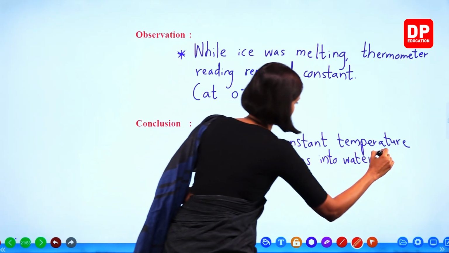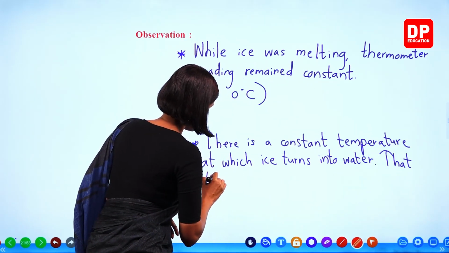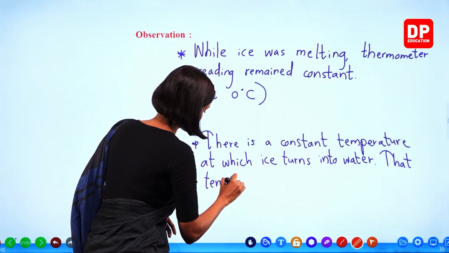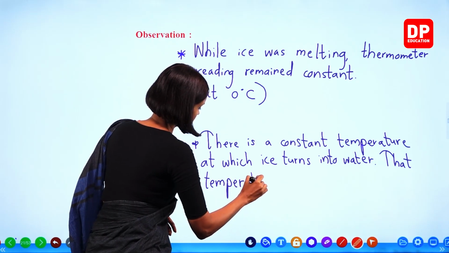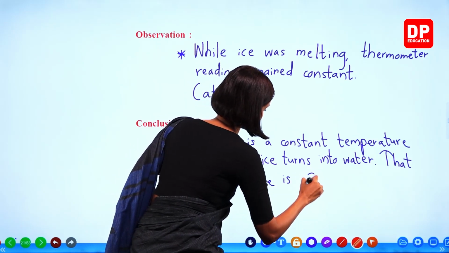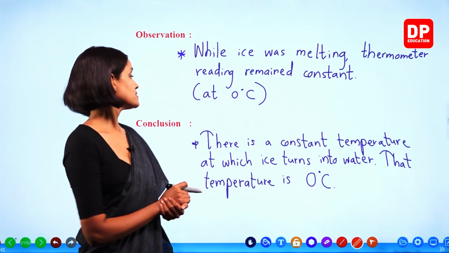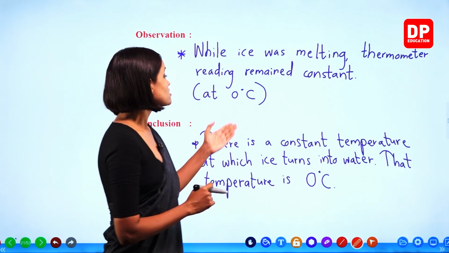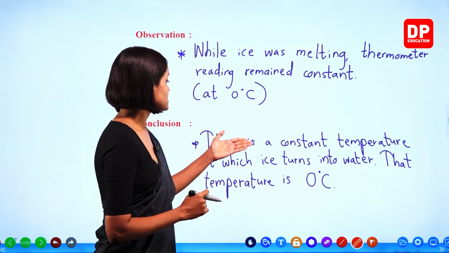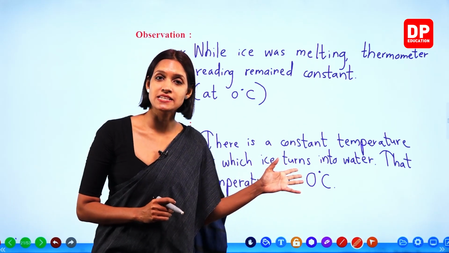That temperature is 0 degrees Celsius. There is a constant temperature at which ice turns into water. That temperature is 0 degrees Celsius.